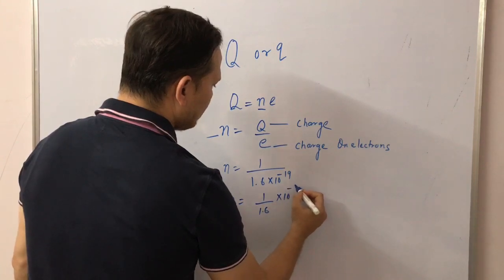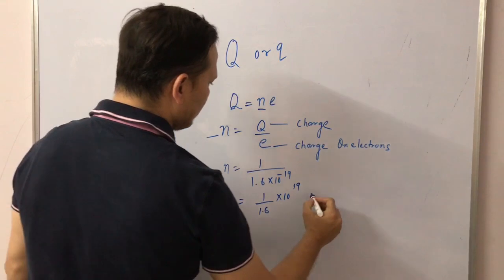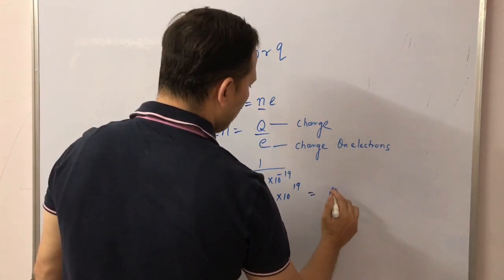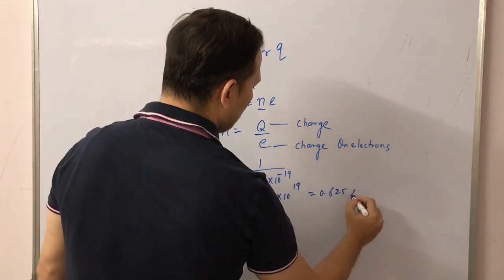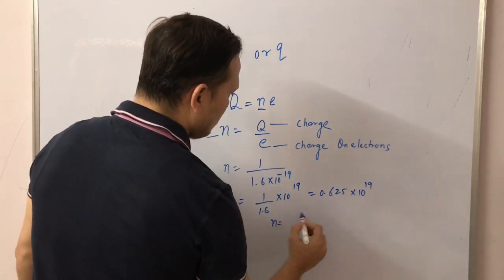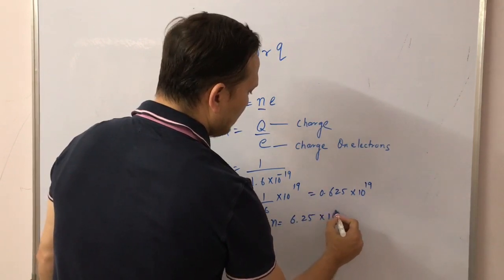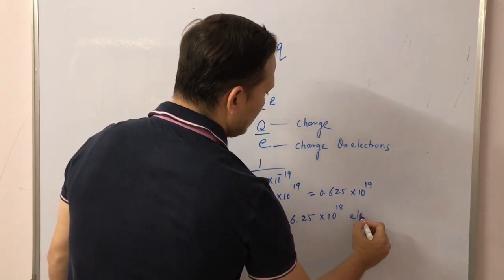Minus 19 becomes 19. 1 divided by 1.6 is 0.625 into 10 to the power 19. Taking it up to 1 decimal position, we get 6.25 into 10 to the power 18 electrons.